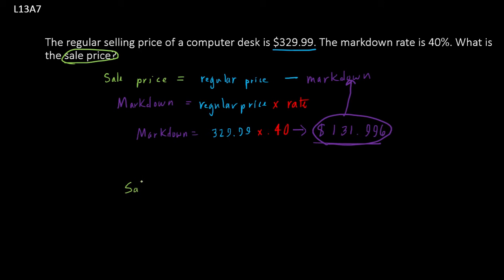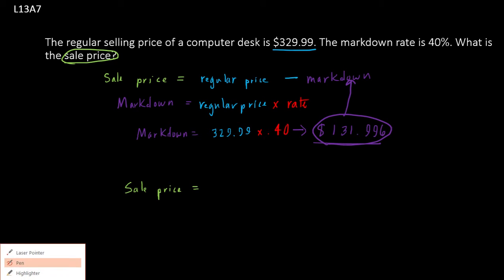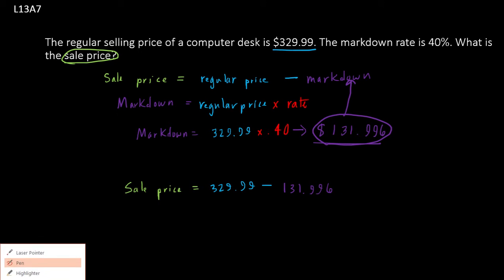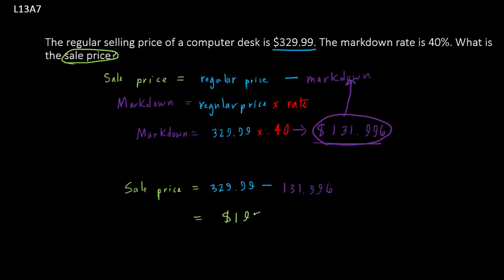So my sale price is going to equal my regular selling price, which I already know is $329.99, minus my markdown. So if I punch that in, I find that my sale price is equal to $197.99.